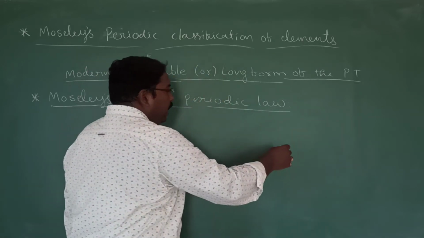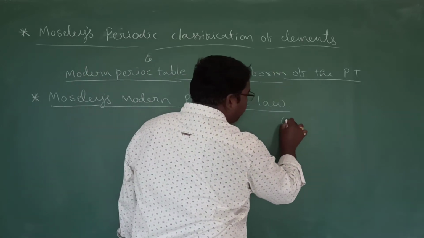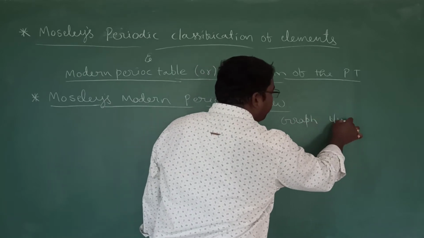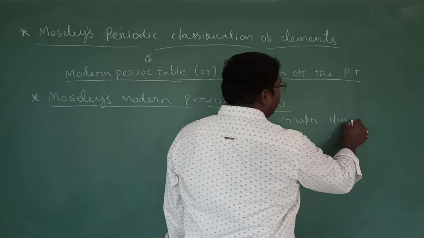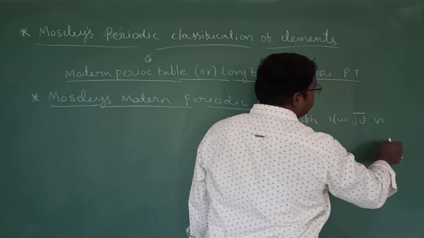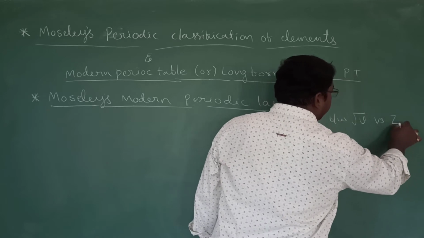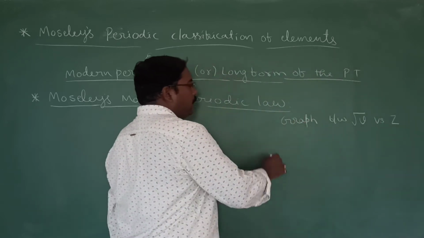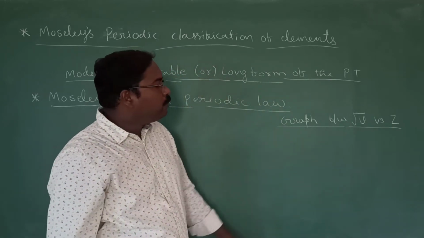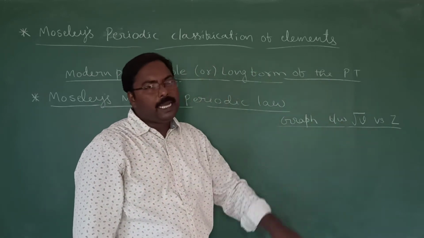First of all, he drew a graph between square root of nu versus Z. He drew the graph between square root of nu versus atomic number.